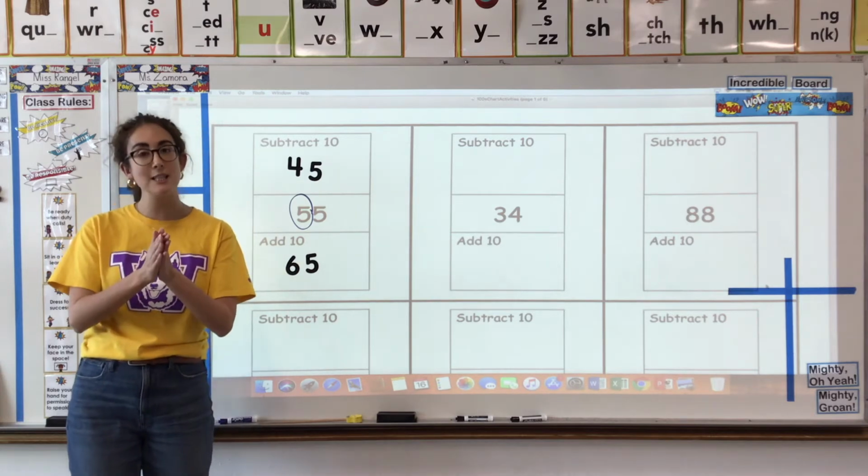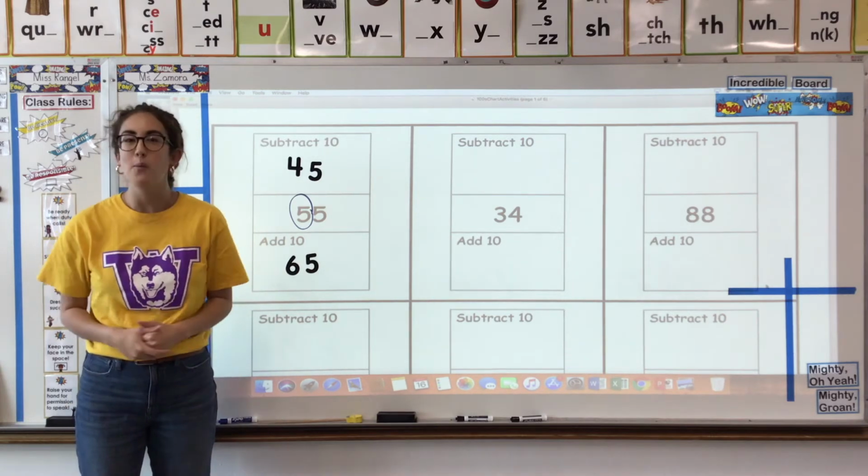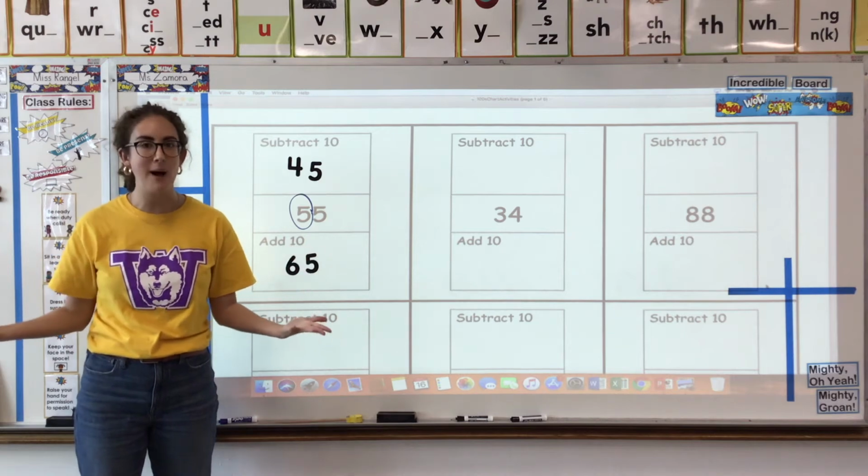We're changing the tens place by more or less, we can skip count from wherever we want.